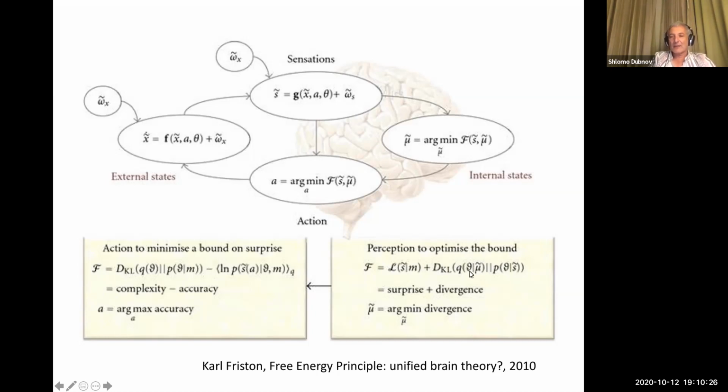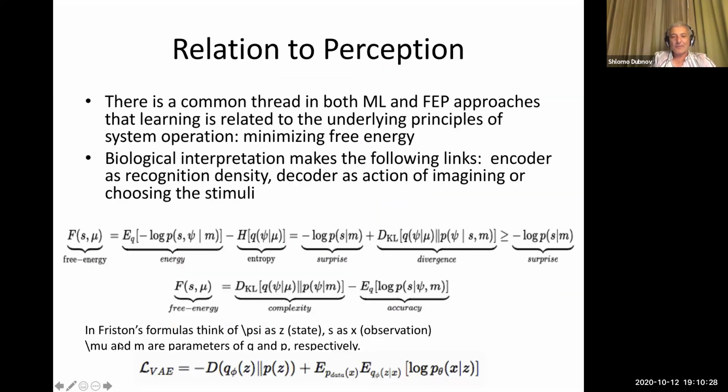This is where you learn, this is where you act, and then you get these two representations. And we have seen before that this is exactly what the variational autoencoder did, which is just one way of implementing this. Just the notations here are different, so I try to write this down.